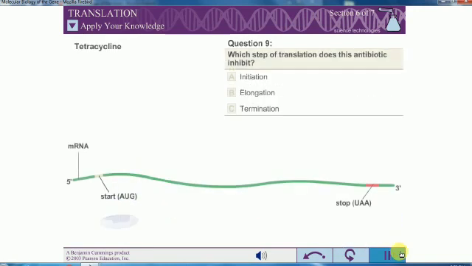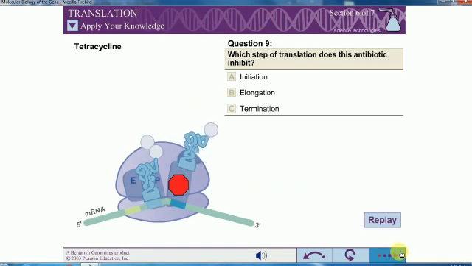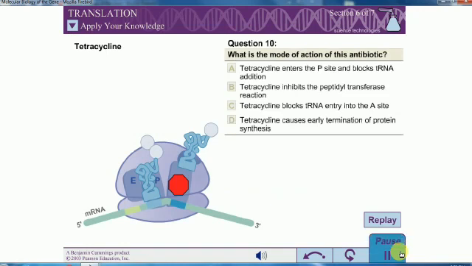Which step of translation does this antibiotic inhibit? Question 10. What is the mode of action of this antibiotic?